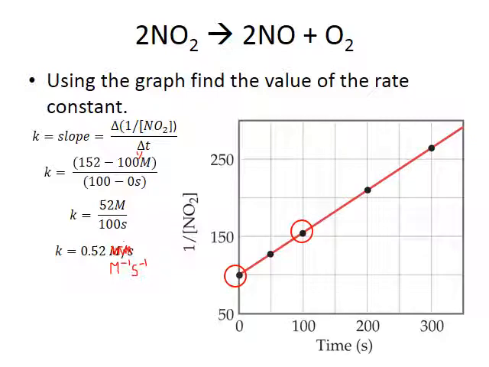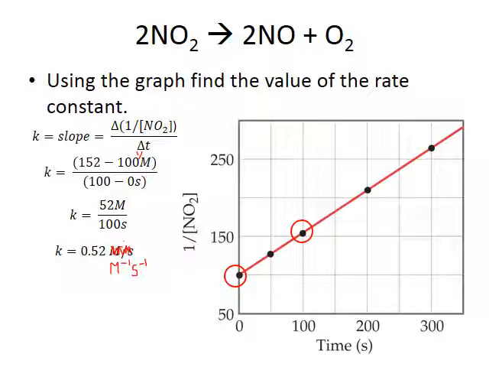So the moral of the story, our overarching idea, is that we can take a set of data and graph the raw data, concentration versus time. If we get a straight line, we have a zero order reaction, and we're good. We can find the slope, get our rate constant, and move on.